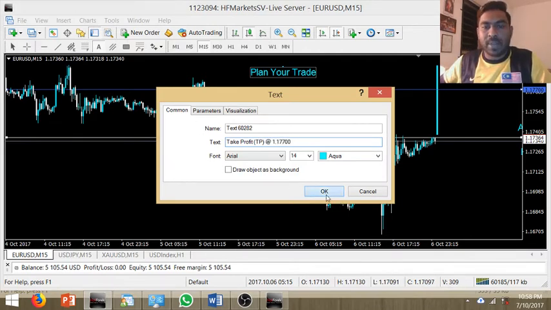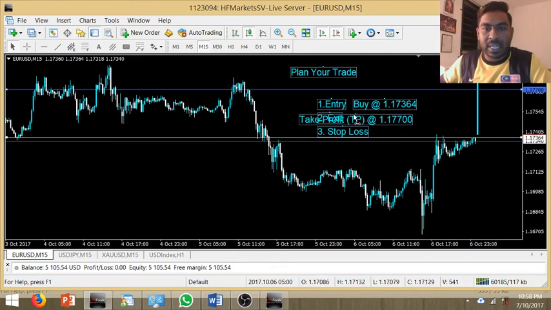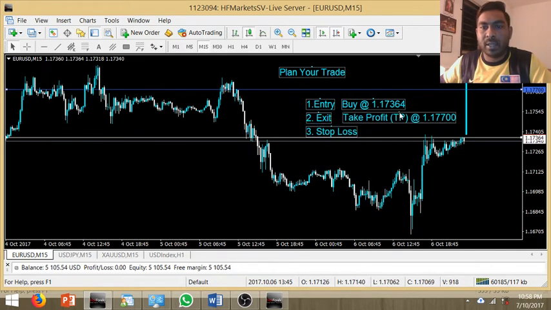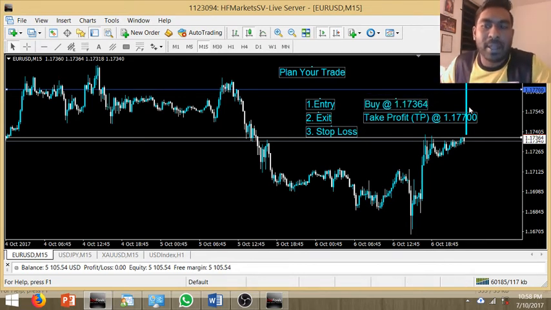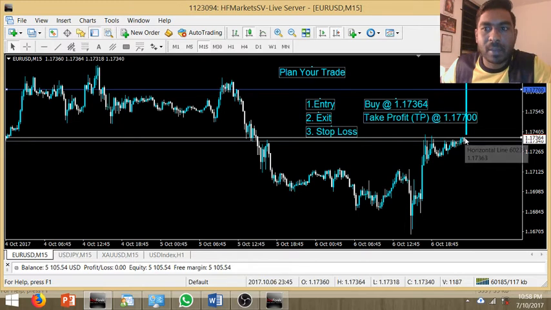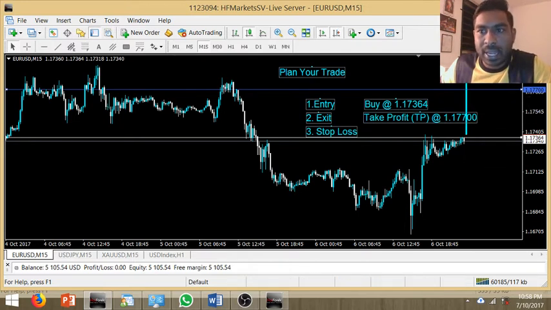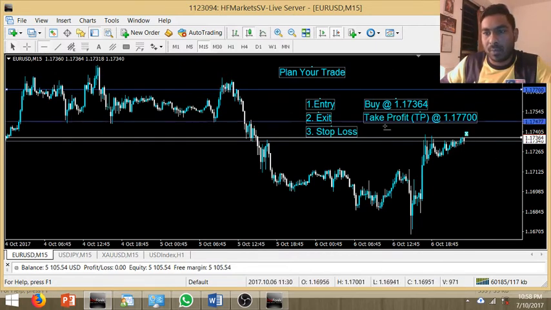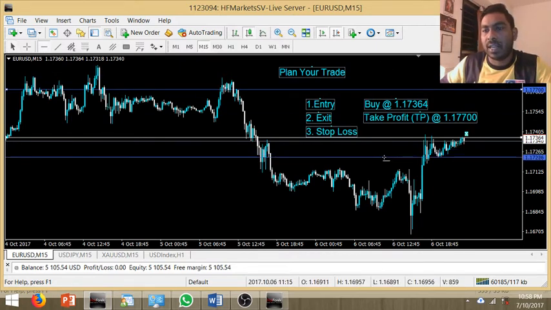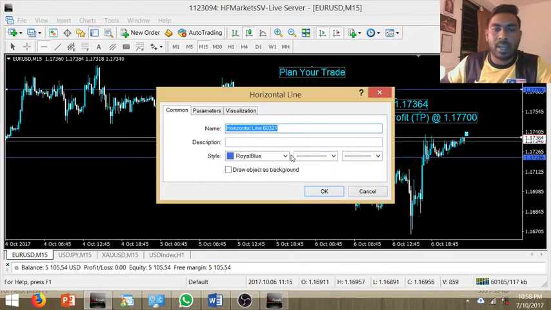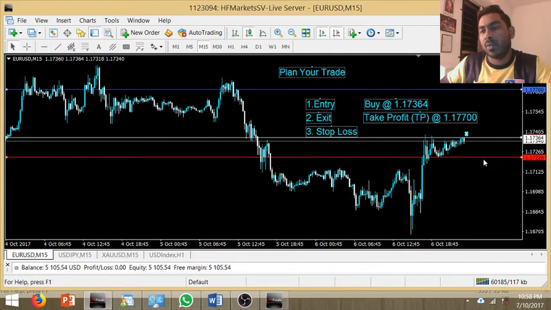So you're expecting the price to go up to here. In case the price does not go up, in case the price started coming down, you're going to place a stop loss. Your stop loss is, let's say, somewhere around here, and we'll make this red.